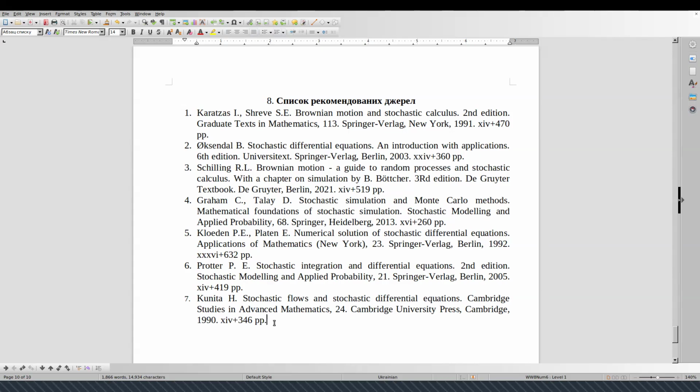If you are interested in something related to measurability and related problems, it should be covered by Protter, Karatzas and Shreve, and Schilling. Occasionally, I will use other references.